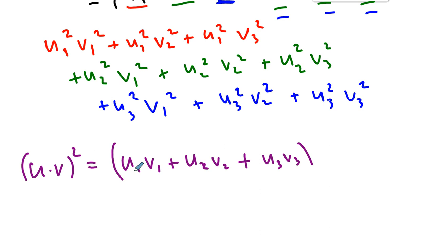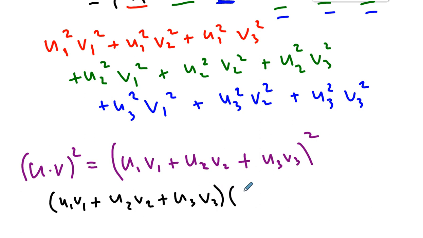And if we're going to square it, we're going to just multiply it by itself. So I guess we'll write them both out so as to not lose track of things. We'll have u1 v1 plus u2 v2 plus u3 v3, and then the same thing again.